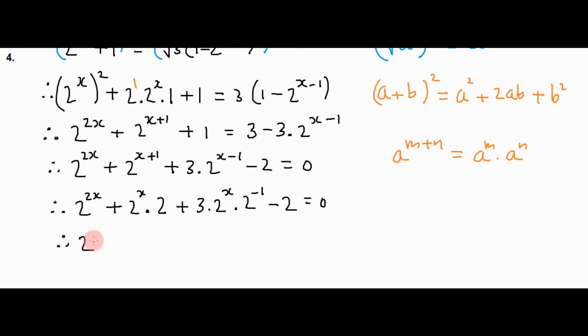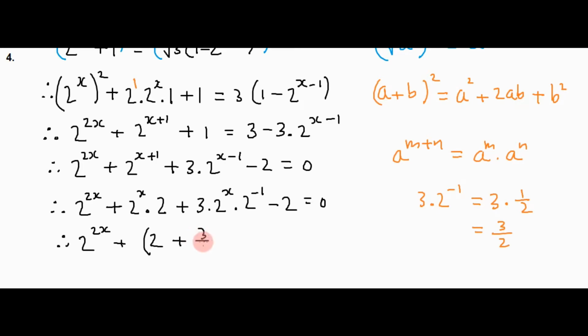We can take out a common factor of 2 to the x from the two middle terms on the left-hand side. So taking out 2 to the x from this term, we're left with 2. And in this term, we're going to be left with 3 times 2 to the negative 1. Now, 3 times 2 to the negative 1 is the same as 3 times a half, which is 3 over 2.